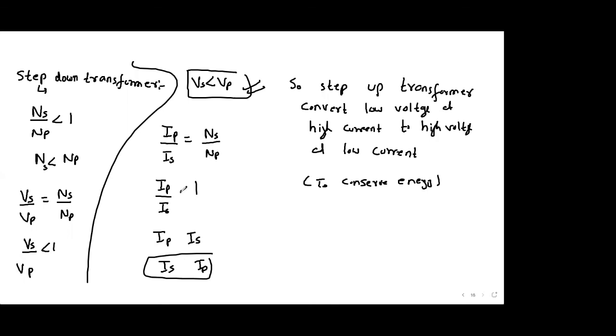Ip by Is is less than 1, so Is is greater than Ip. So it's decreasing voltage but increasing current. So you can write that a step-down transformer converts high voltage at low current to low voltage at high current. This is a step-down transformer.